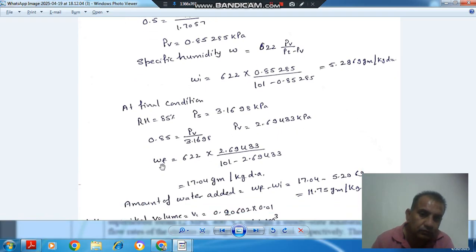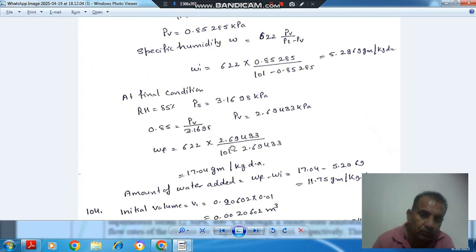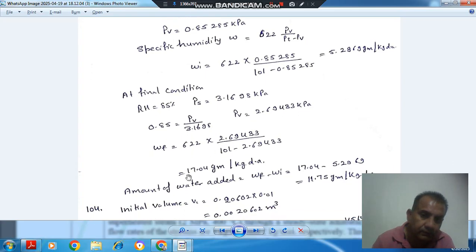Final humidity can be found from the same formula, but here PV is 2.69433. So the final specific humidity comes out as 17.04 gram per kilogram of dry air.